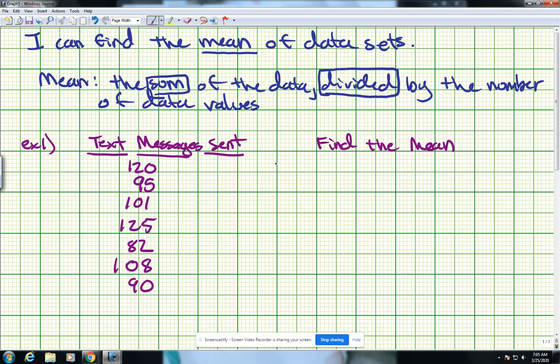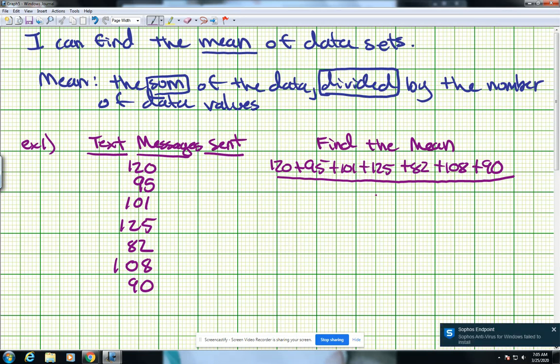So we'll have a big number sentence here, 120 plus 95 plus 101 plus 125 plus 82 plus 108 plus 90. And that entire answer we get, I'm going to put this big fraction bar because remember that means division. We're going to divide it by how many there are. So there are 1, 2, 3, 4, 5, 6, 7 on our list.